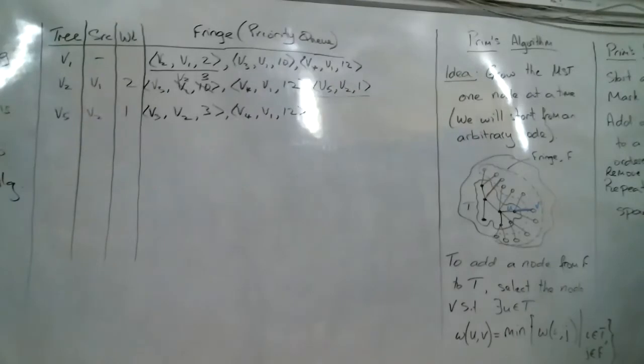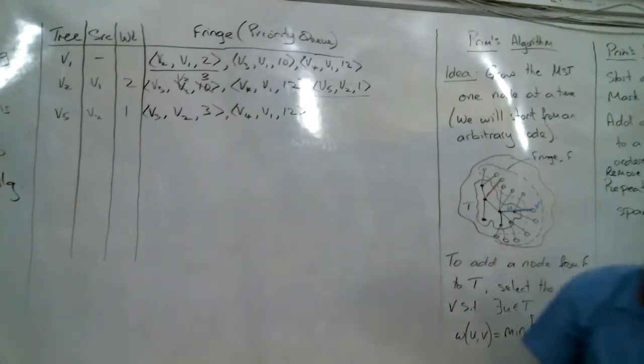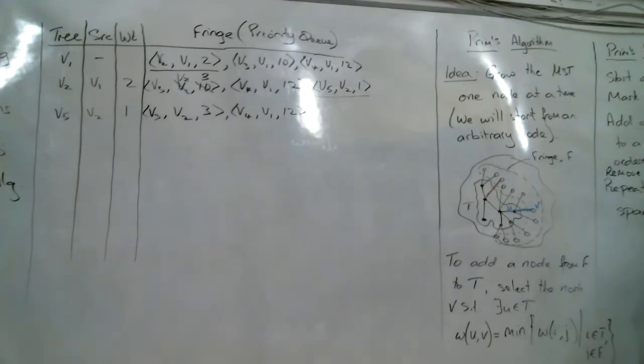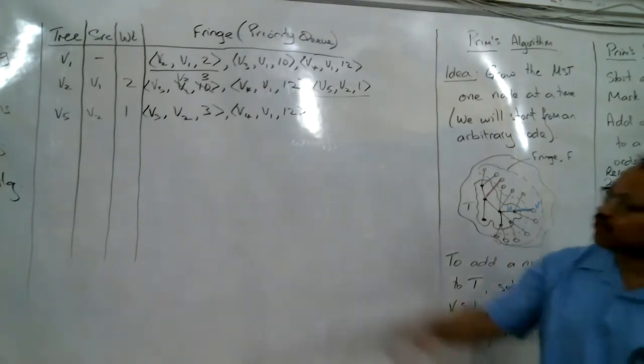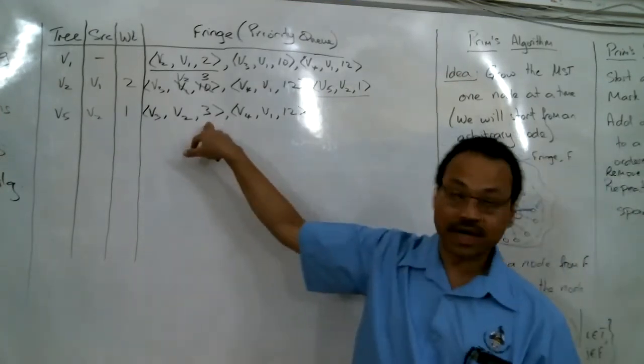V5 can see V4 and V6. I also can see 3, well, 3 is not an improvement in this direction, so nothing happens because this is a 4. I already have V3 in here with a 3, so ignore that.